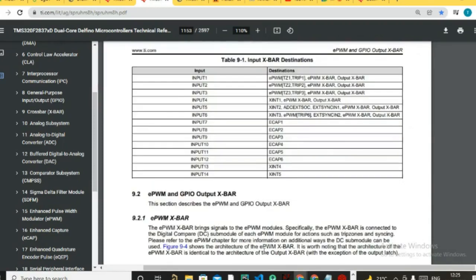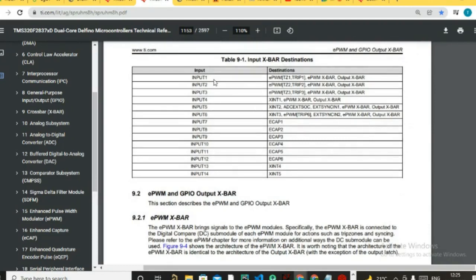Now if you go to this one, you can see input 1 is connected to the EPWM trip zone, EPWM crossbar or output crossbar, and we are connecting it to the output crossbar.